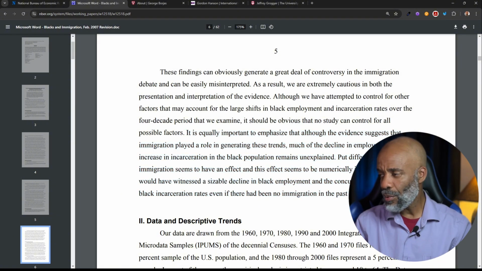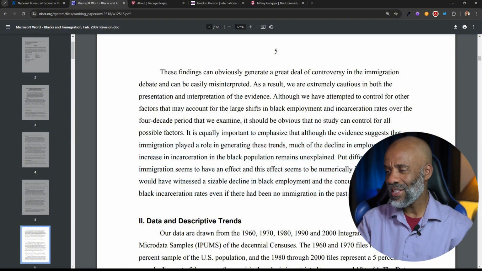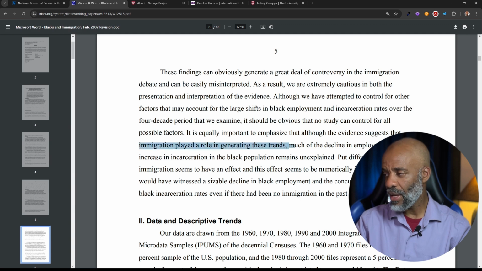It is equally important to emphasize that although the evidence suggests that immigration played a role in generating these trends, this is the key, much of the decline in employment or increase in incarceration in the black population, here it is, remains unexplained.